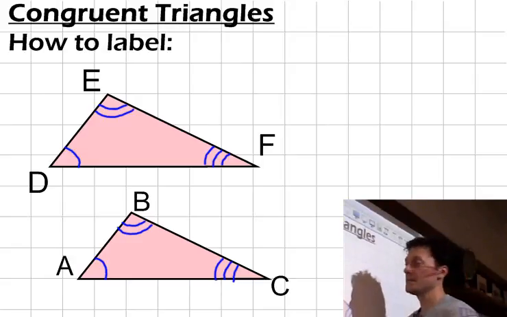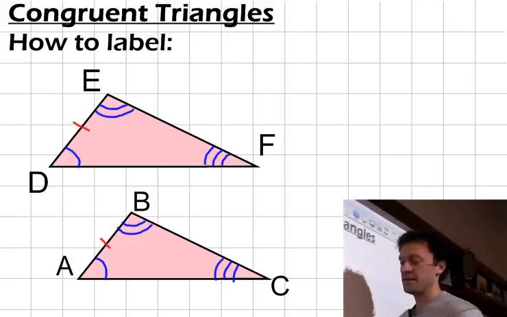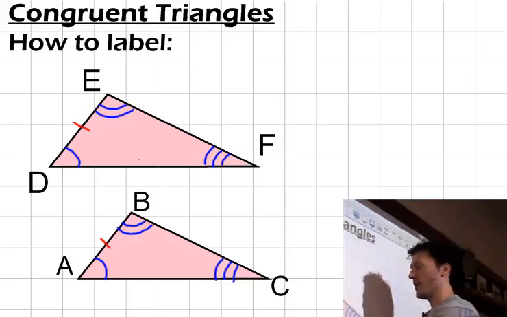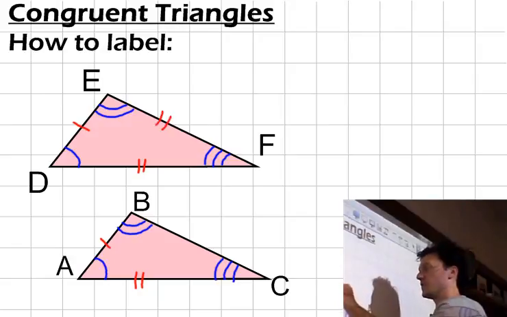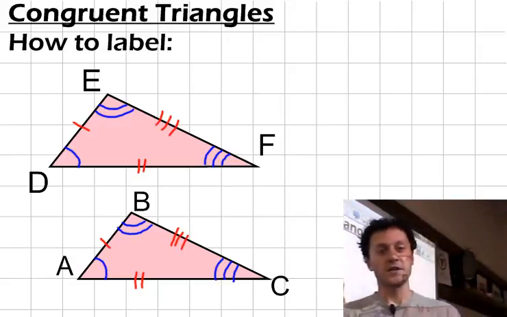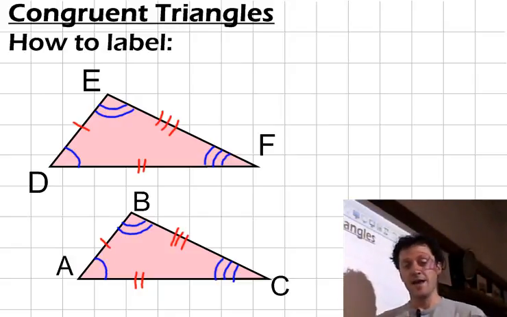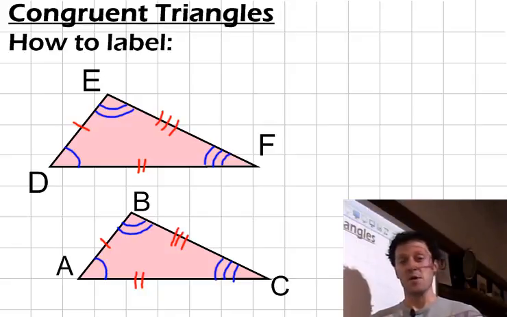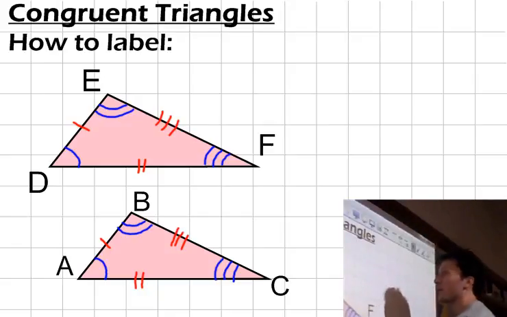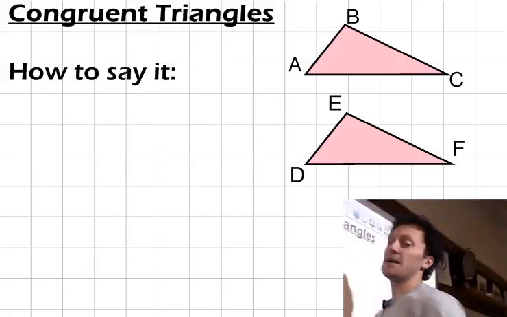Now the sides, this side congruent to this side, they get the one hash mark. Bottom congruent to the bottom, they get two, and that third side with the three hash marks. Now it doesn't matter which one gets one, which one gets two, and which one gets three, as long as the corresponding sides or angles get the same amount of markings. Okay, so that's how we label it on the diagram.